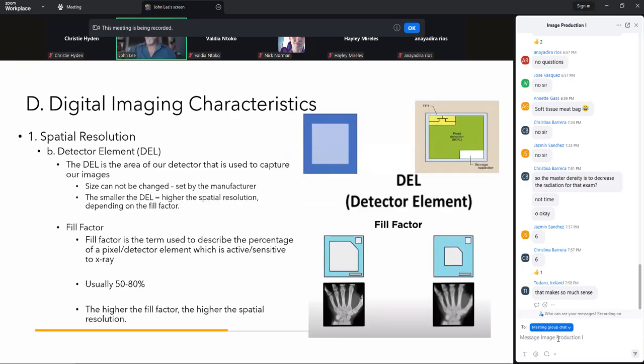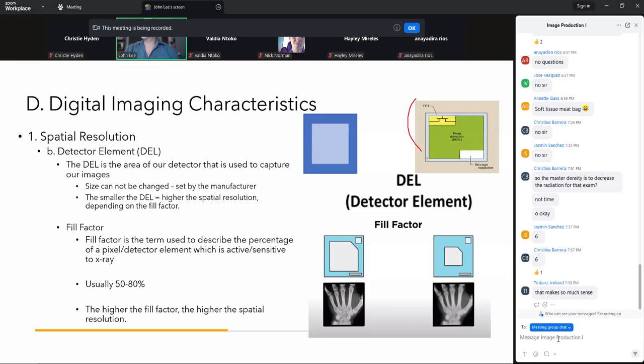Our detector element, or the DEXEL, starting to refer to it. The detector element itself, in this slide, is referring to the physical portion of the flat panel.